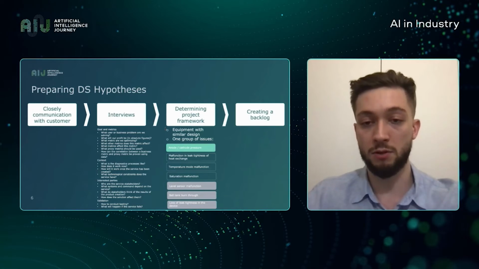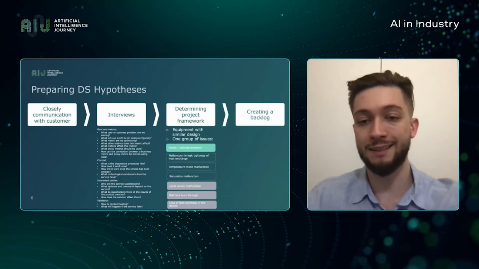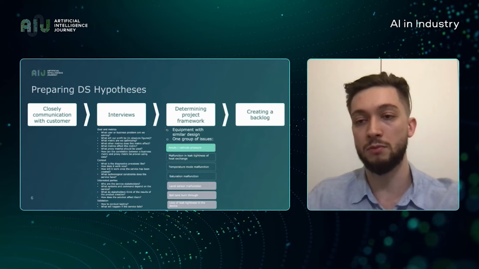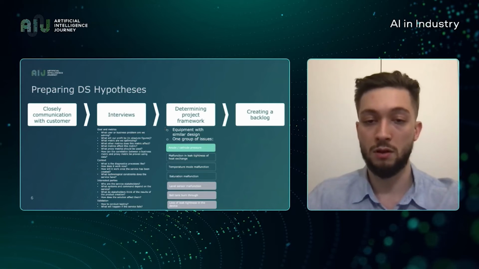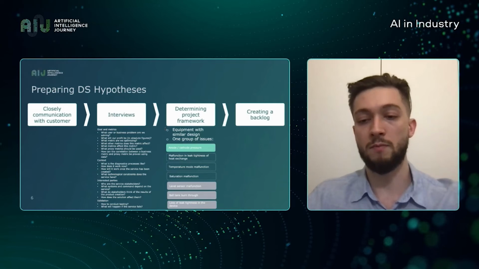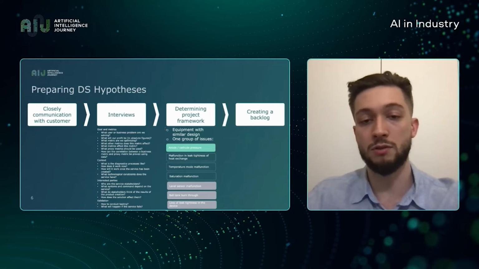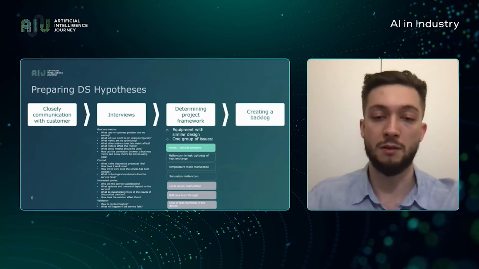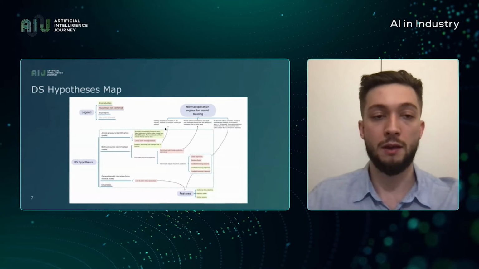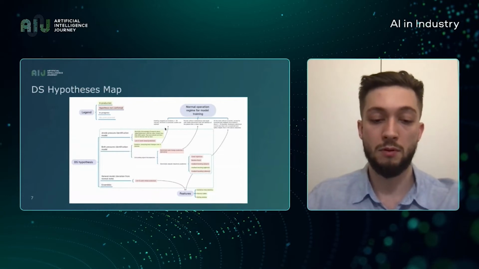Therefore, we narrow down to specific issues, specific equipment with similar characteristics. If we talk about a certain set of units of equipment, as a result, we come up with our data science hypothesis that, together with the customer, is proven and validated.